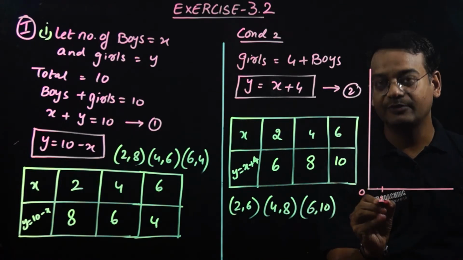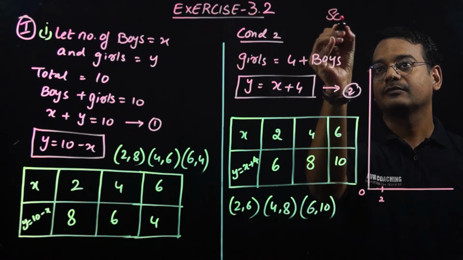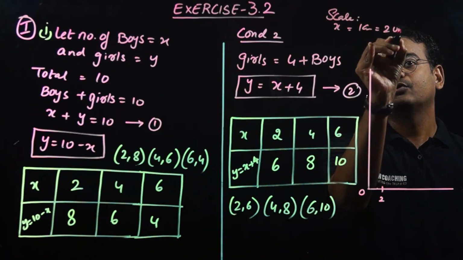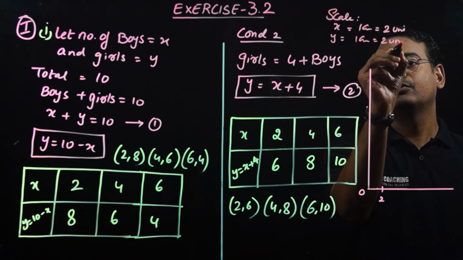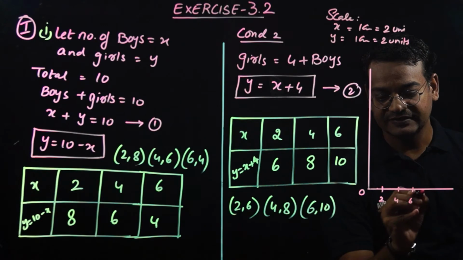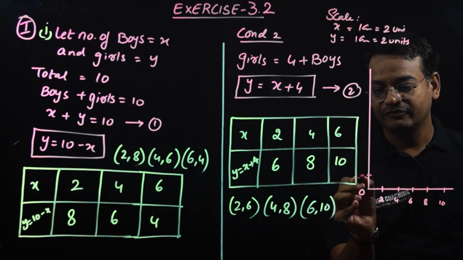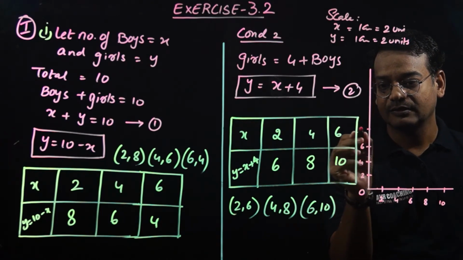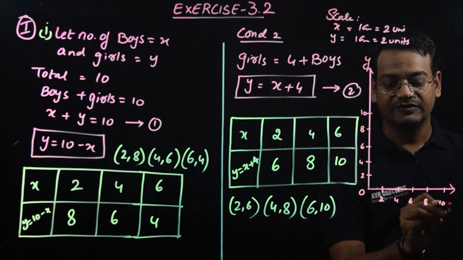I am going to take the scale: on the x-axis 1 centimeter equal to 2 units, and on the y-axis also 1 centimeter equal to 2 units. So this will be 2, 4, 6, 8 and 10 on both axes.